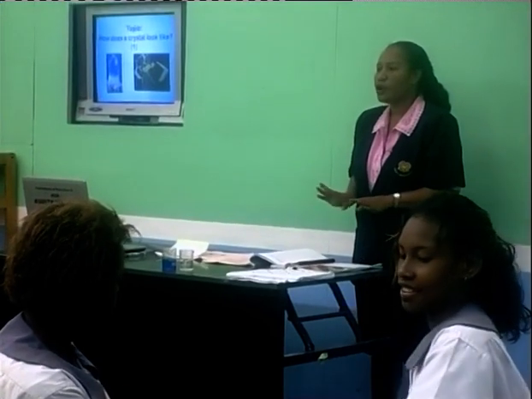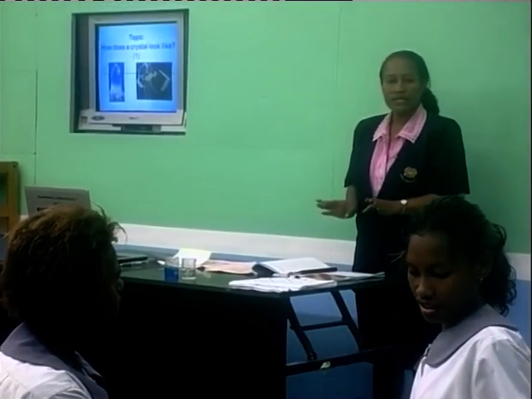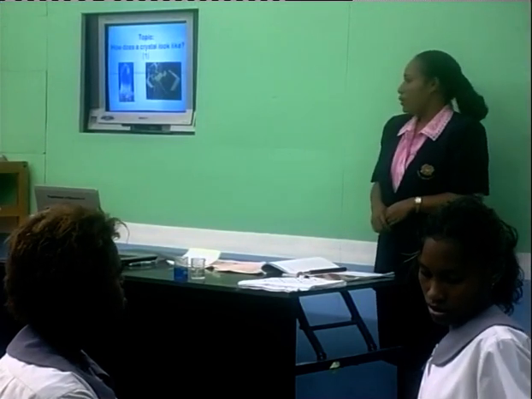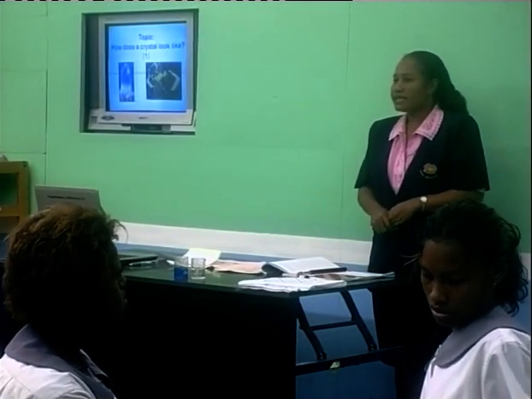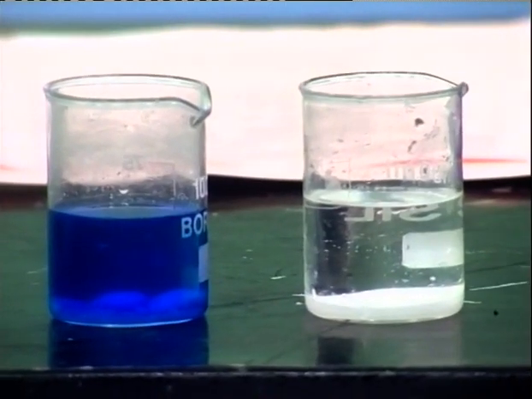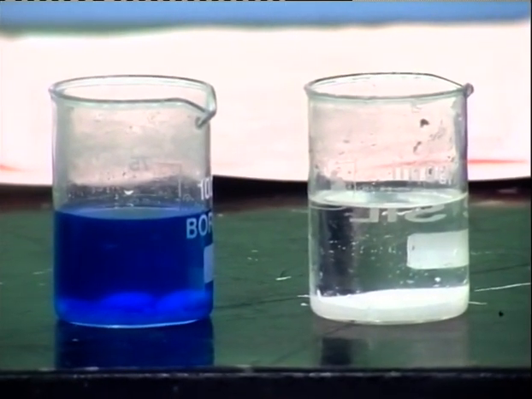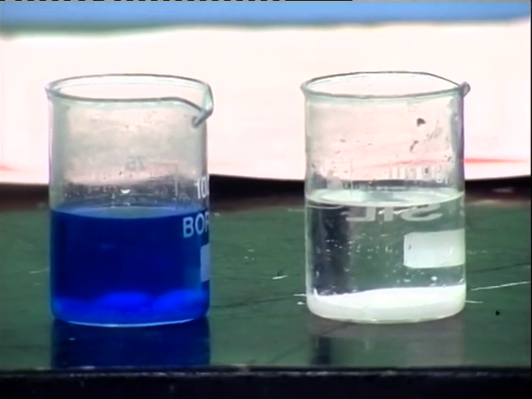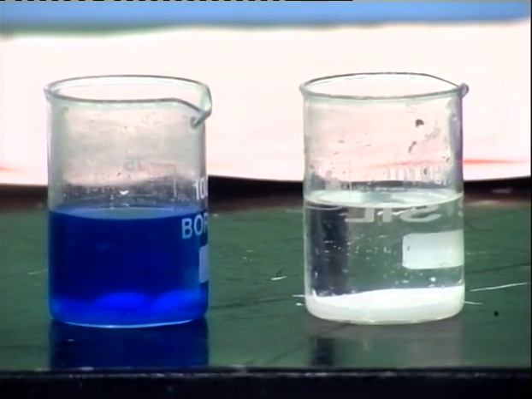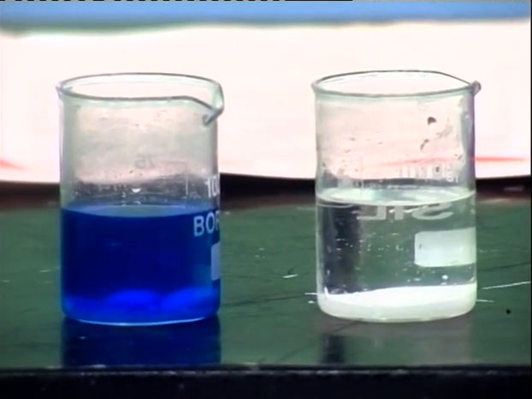When you find that no more solute is dissolved in the liquid, what do you call that solution? Receiving students, tell your teacher. Thank you. Let's have our friend at the back. Soluble substance.